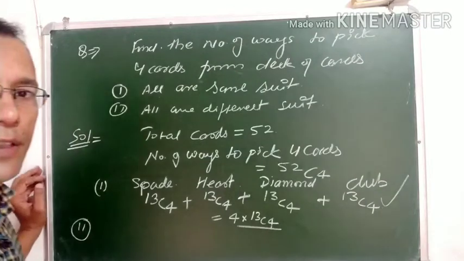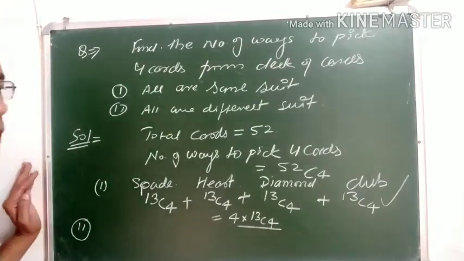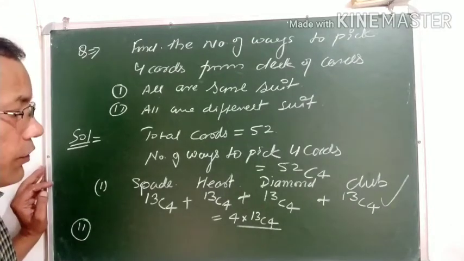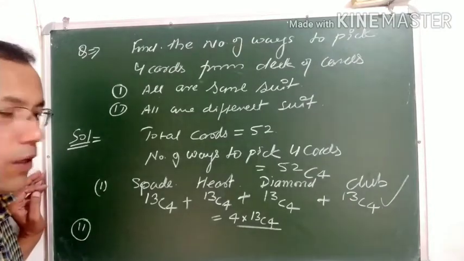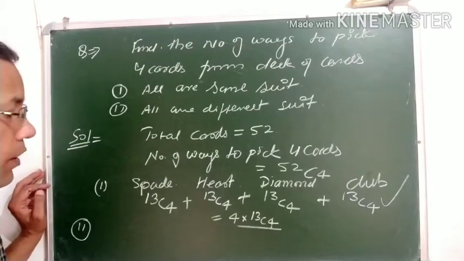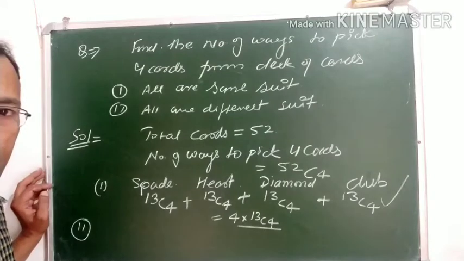Now the second part is all different suits, that means one from the spade, one from the heart, one from the diamond, and one from the club. This is very interesting.